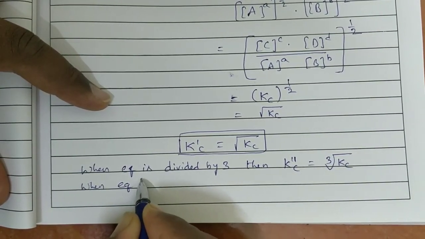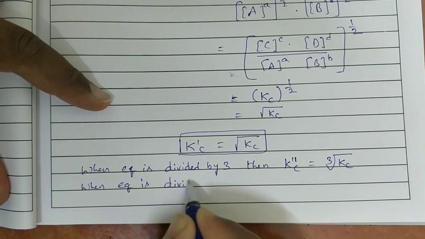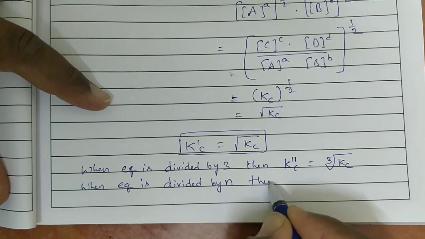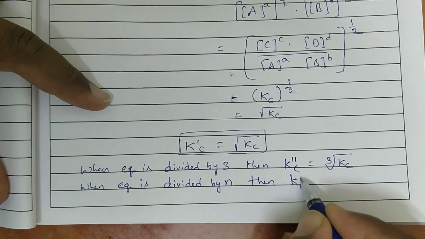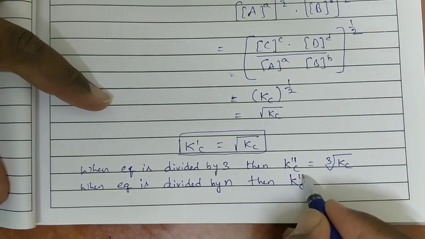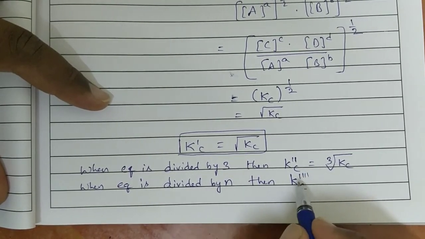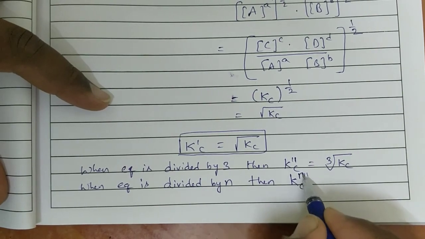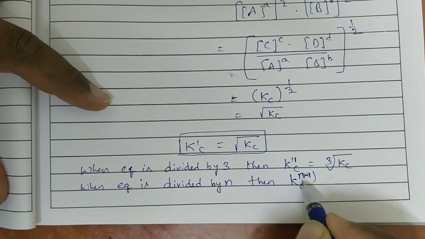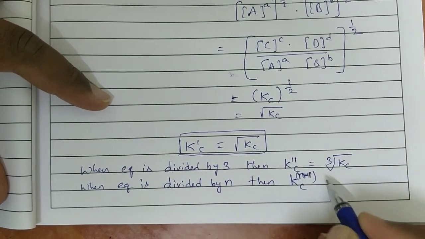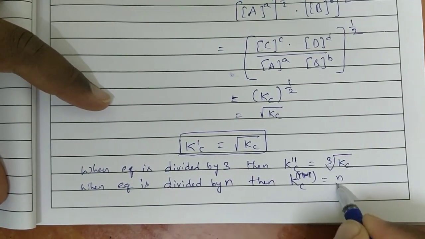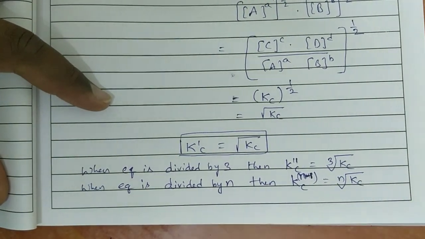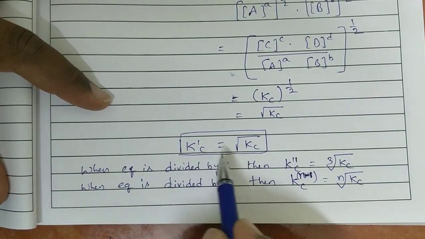When the equation is divided by n, then Kc dash, like that it will be going on, Kc dash power n, like that we can write n minus 1, is equal to nth root of Kc. This much you need not write, you can remember this one.